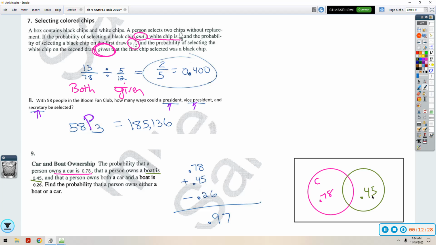The problem is we have this whole area in the middle that is an overlap. Okay? They're not mutually exclusive, which means we've got to add the 78, add the 45, and subtract this overlap. Okay, we can't count that twice. So you end up subtracting the 0.26 that's in here. And you can see as well as I can, that comes out to 0.97.